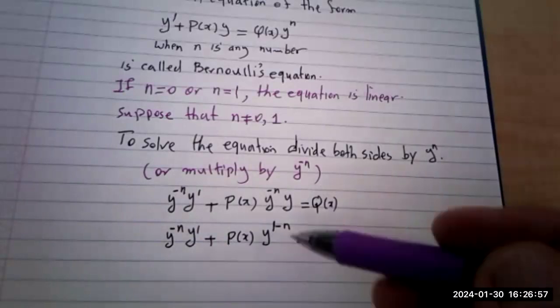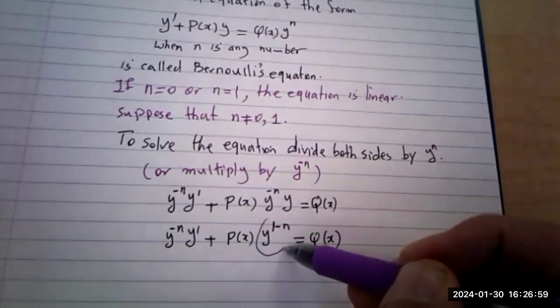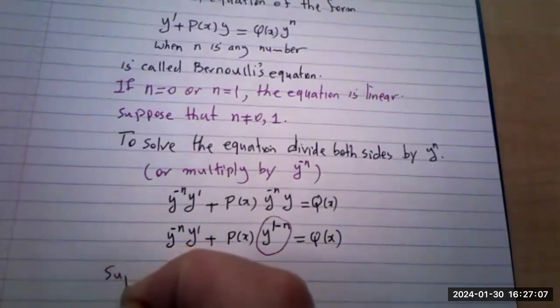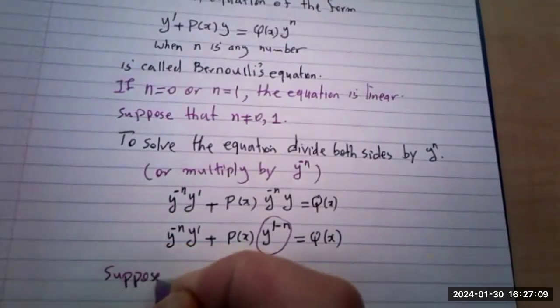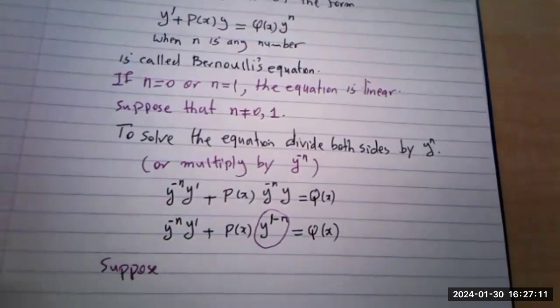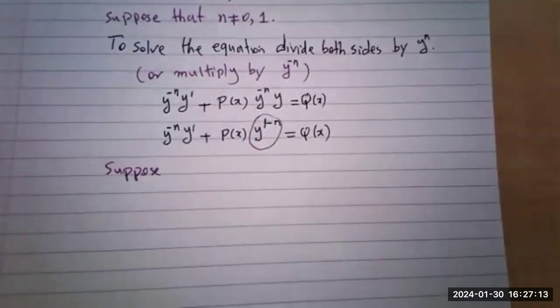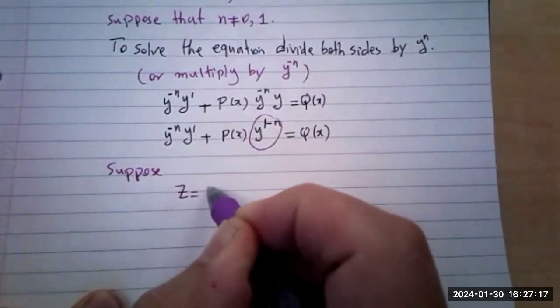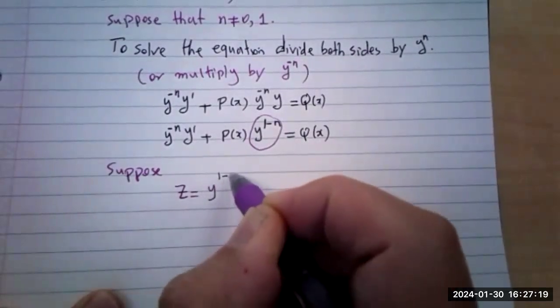Now how are we going to do it? You see this part over here? Take this one to be z. Suppose z is equal to y to the 1 minus n.